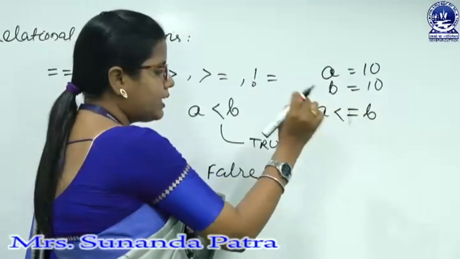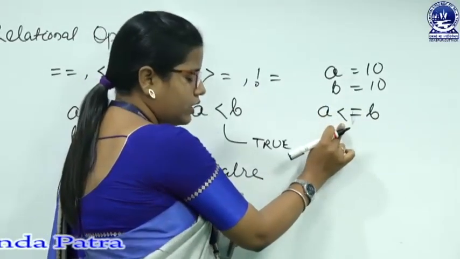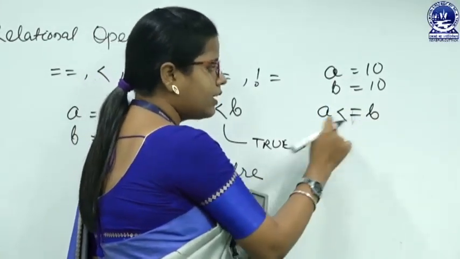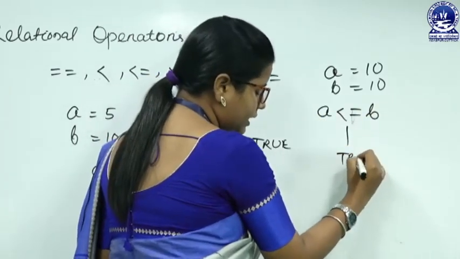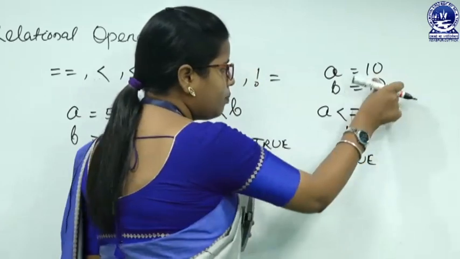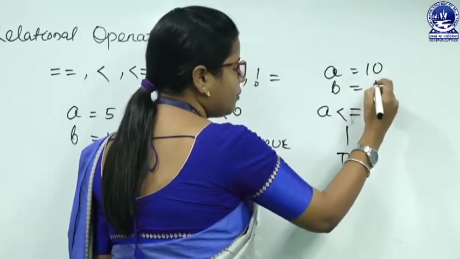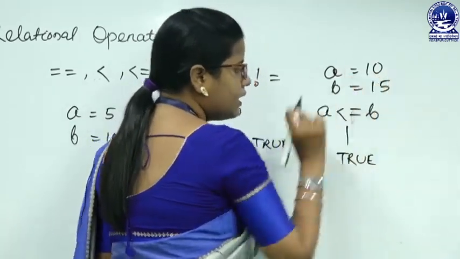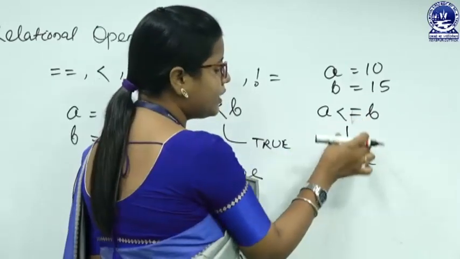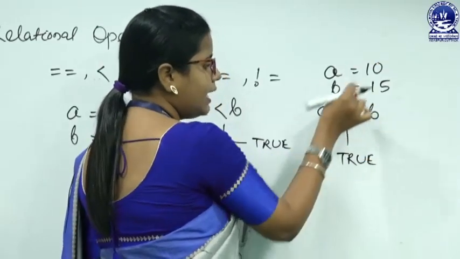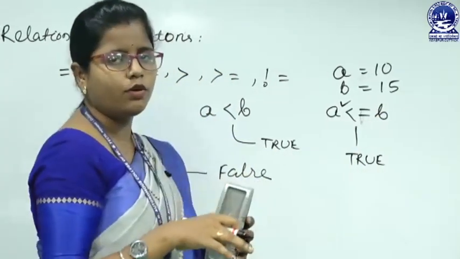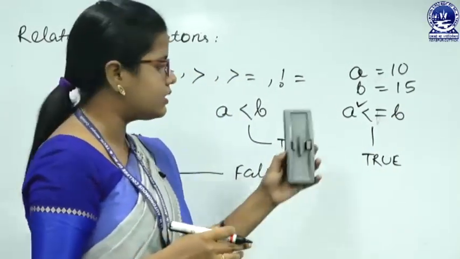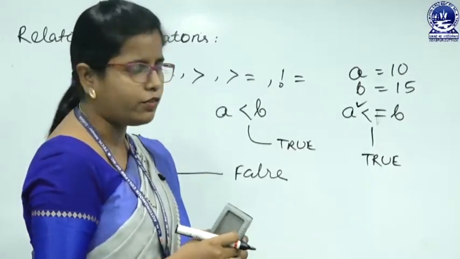So, what will be the result? A less than equals to B. Yes, A is equals to B, so it will give the result as true. If A equals to 10 and B equals to 15, then also it will give the result as true because A is less than B. In either case, this will show us a true value.